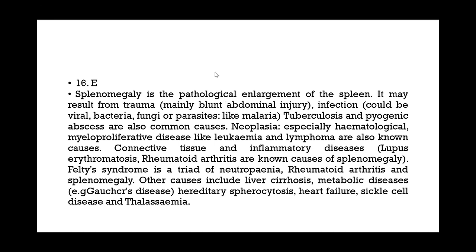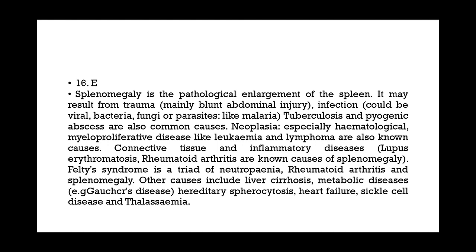Okay, we'll continue. Splenomegaly is a pathological enlargement of the spleen. It may result from trauma, mainly blunt abdominal injury, when there is splenic trauma with hematoma, most of the time subcapsular hematoma.